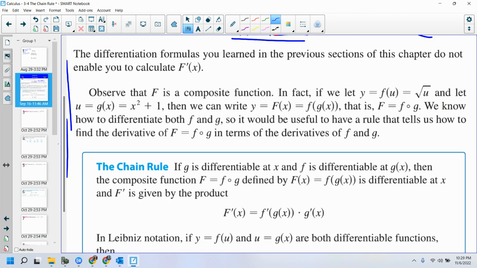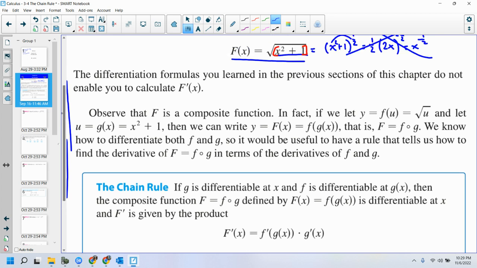It's composite. In fact, what we have to do here is we have to let this inside function, this x squared plus 1, be a whole letter in and of itself. Okay, they call it u, and yeah, great job, authors. I really love the abbreviations that you're doing. Great job. I mean, we do understand that this book is made for, you know, kids that will laugh at that.